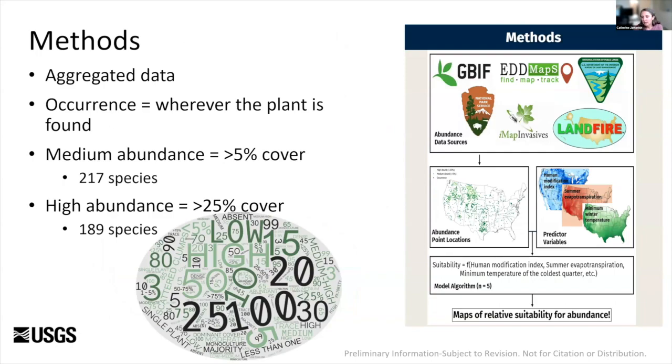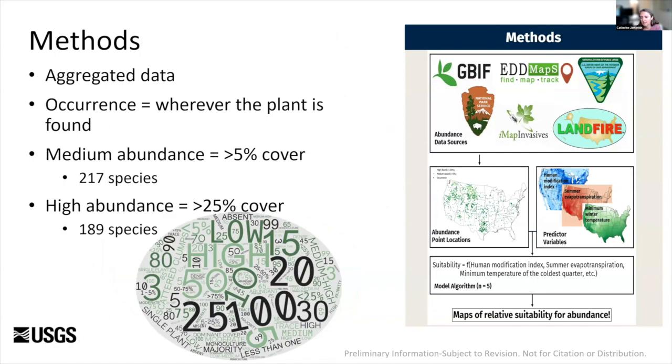A lot of the data sets we've obtained occurrence data from have some sort of information on abundance, but a lot of it's really messy. I have a word cloud shown here that summarizes data from the abundance columns in the data we have.